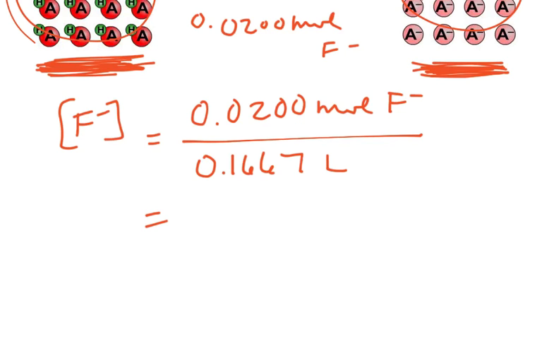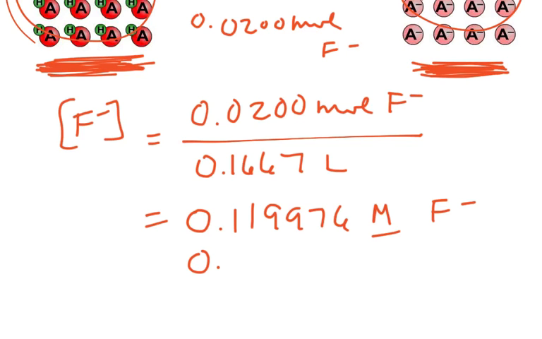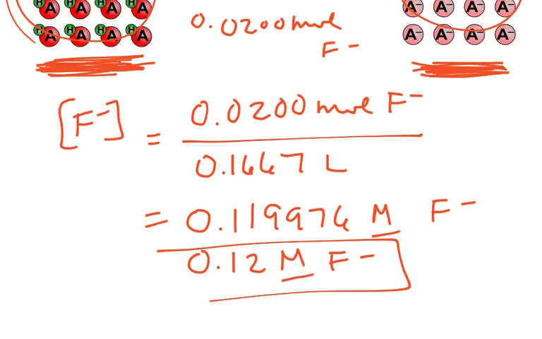So when we get done, we have 0.119976 molar F minus, and because of the numbers we have, that's too many significant figures, so we can round that off to 0.12 molar F minus, and that's an important idea.